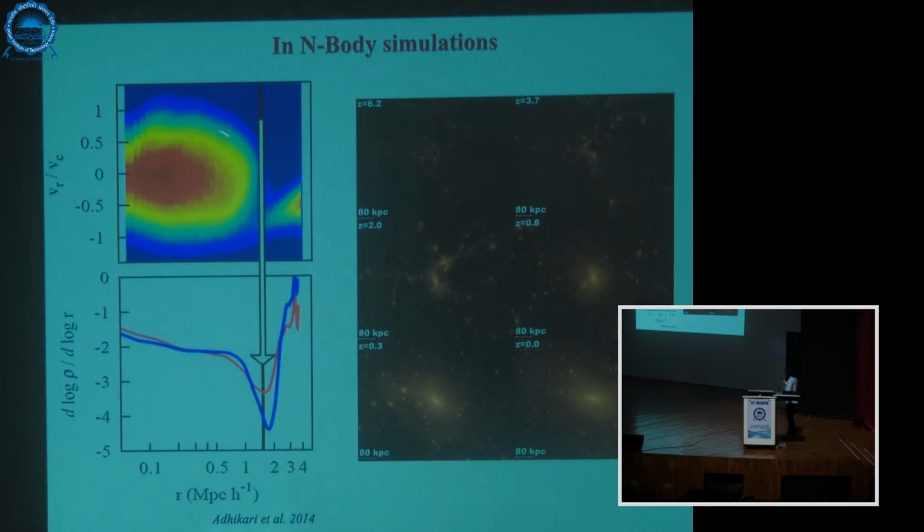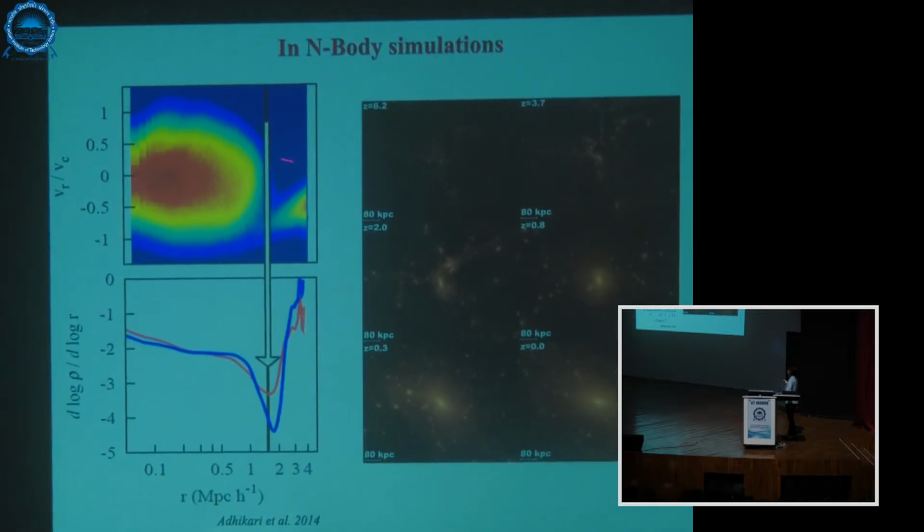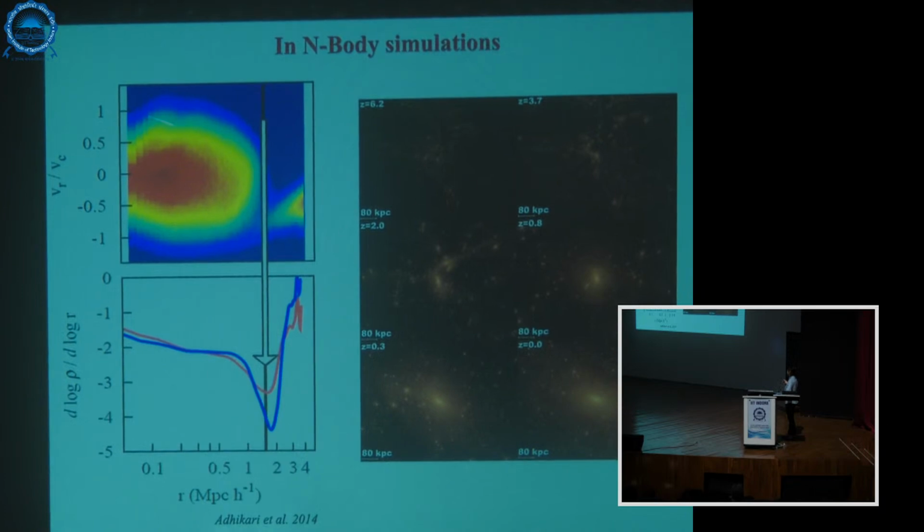So what we essentially saw is that on the top panel is a phase space from dark matter simulations, from N-body simulations. This is stacked over plenty of halos. And this steepening of the density profile near the outskirts of a halo essentially corresponds to this boundary between the virialized or orbiting region and the infall region of the dark matter halo.